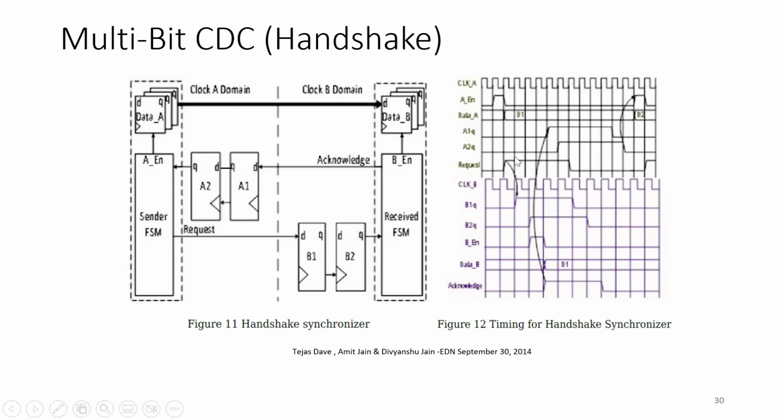So here it reaches the rising edge of clock B, so I have this B1. And B1 is fed to B2. And B2 would require another clock cycle on the B. Now I have this queue. This queue is saying there is some data available for you.